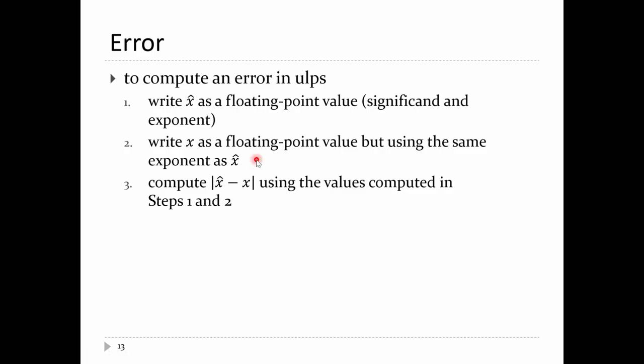Then you do the same thing with the other value, x, and you must use the same exponent that you used when you wrote down the true value. We'll see examples of this shortly. Now you simply take the difference after writing down their values in your floating point format.